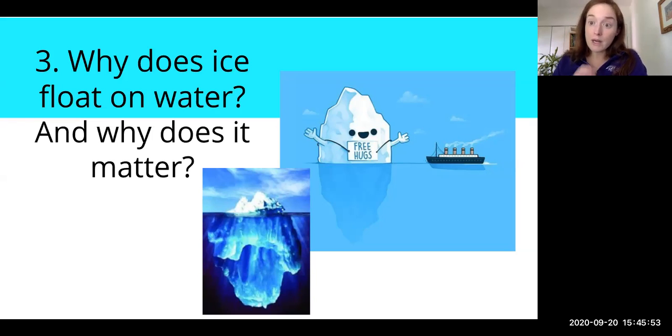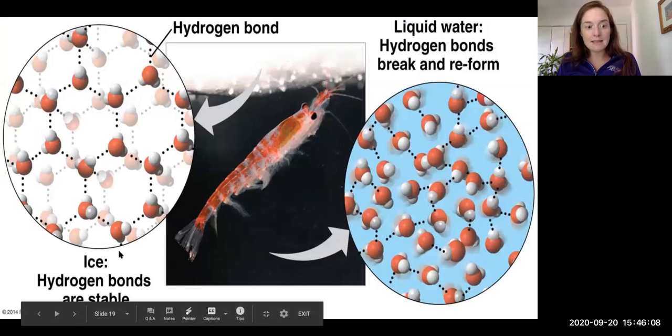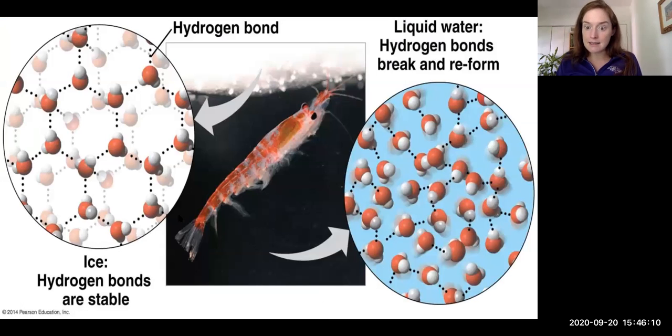Most things are more dense as solids. The particles are more closely clustered together, and so they would sink. But water isn't that way. It's one of the only unique substances that actually, as a solid in ice, is less dense. The molecules are less tightly packed than in a liquid, and that's really unique. Now, why is this?